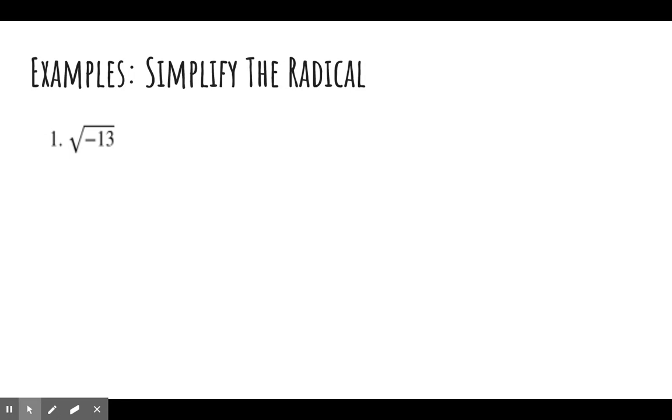Let's simplify some radicals to make some imaginary numbers. So first we can rewrite this as the square root of -1 times 13. Well, we know that the square root of -1 is going to become i.